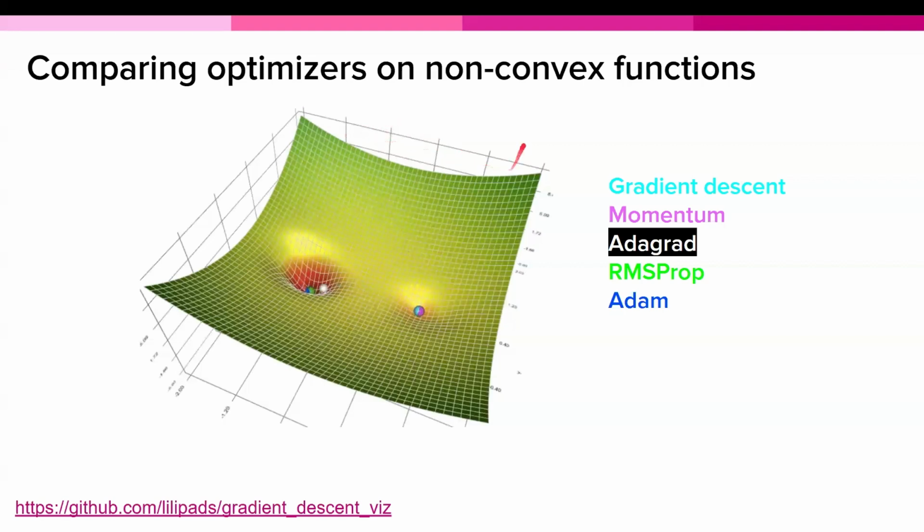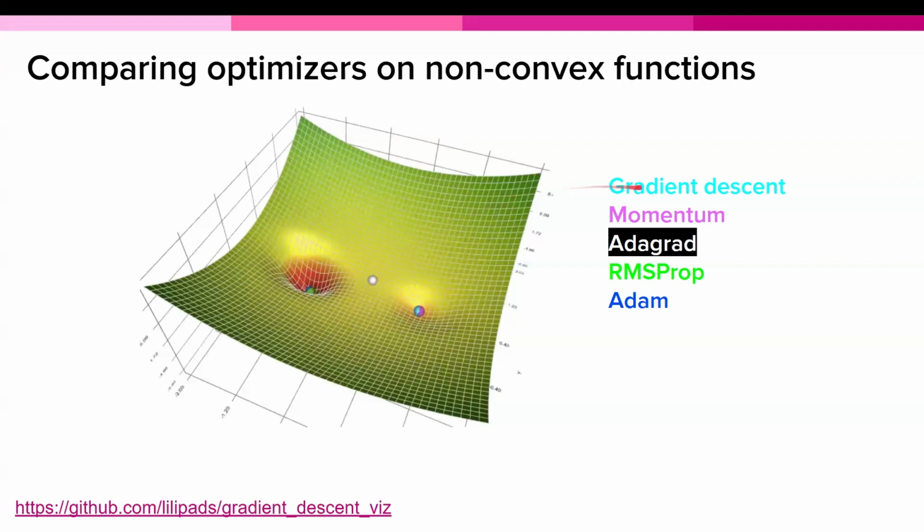So this animation depicts the behavior of different optimization algorithms in a non-convex function with two local minima. The plot shows the paths taken by each optimizer starting from the same initial point as they converge to one minima or another.